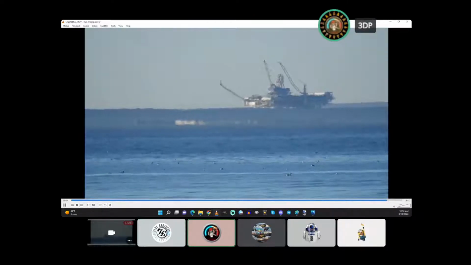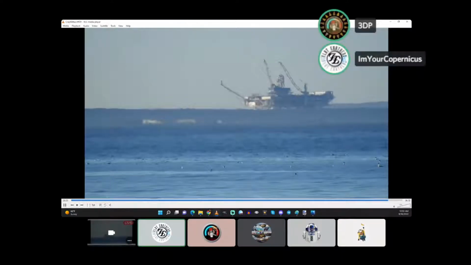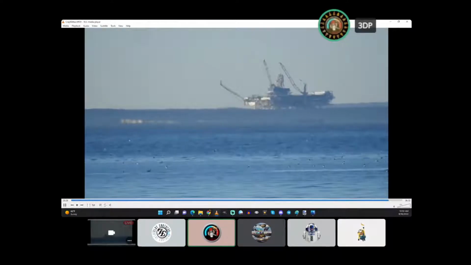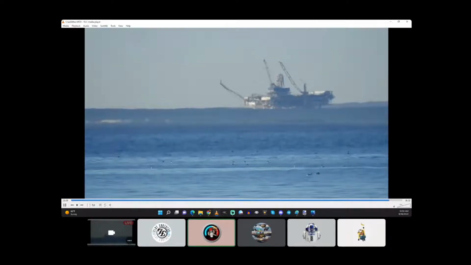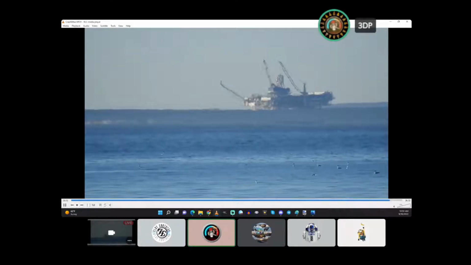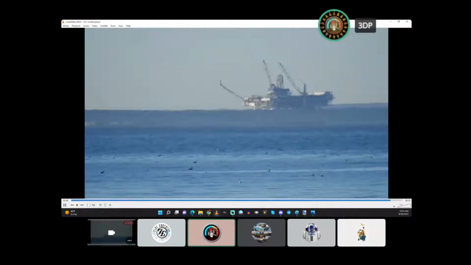And you can even see its wash or its wake in the mirage. I think you're right. Look at that. Would you look at that? That's clearly a hoverboat.